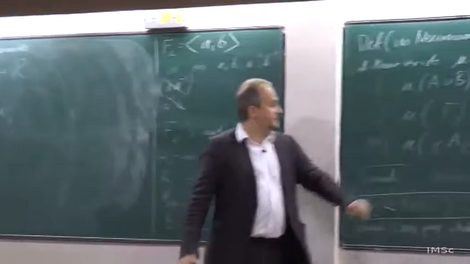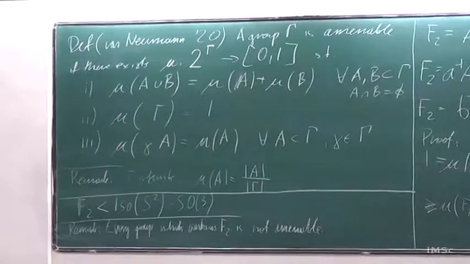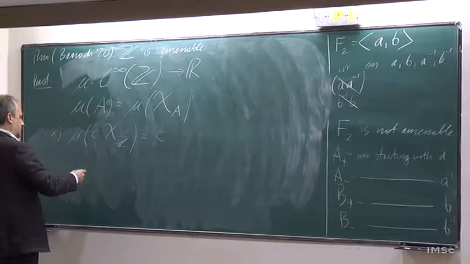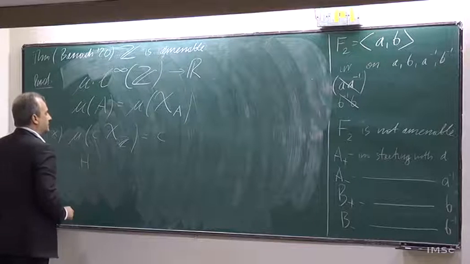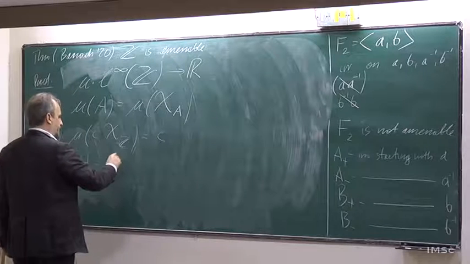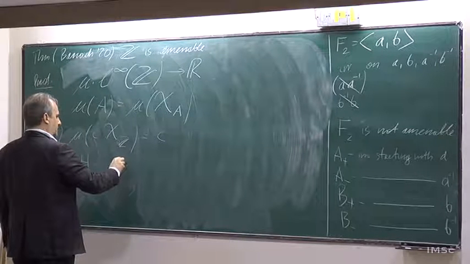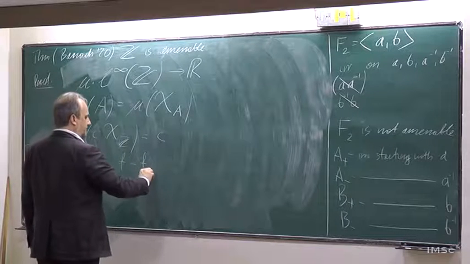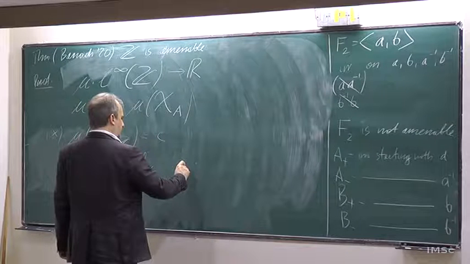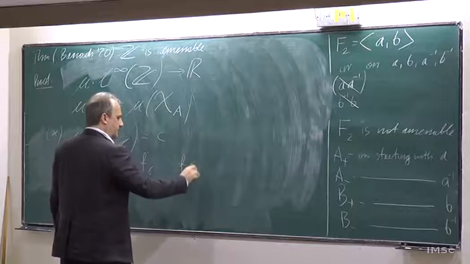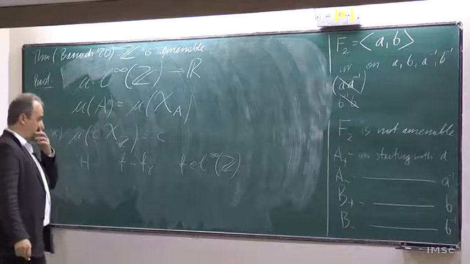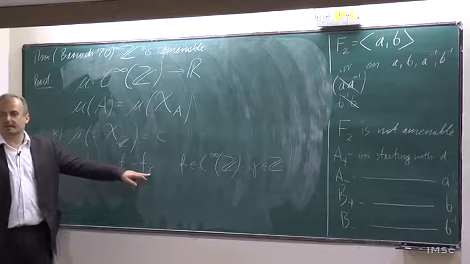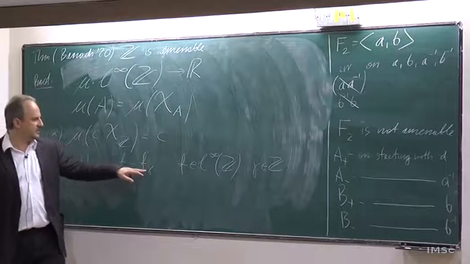Now, in order to satisfy the condition of invariance under translations, let us consider the subspace in L infinity which consists of functions f minus the translations f sub gamma, where f is a bounded function and gamma is any element in the group, and f sub gamma means that we translated the function f by this element gamma.